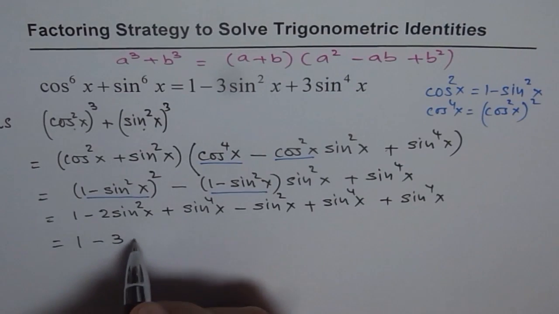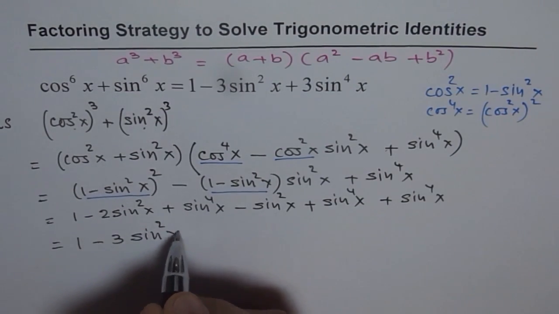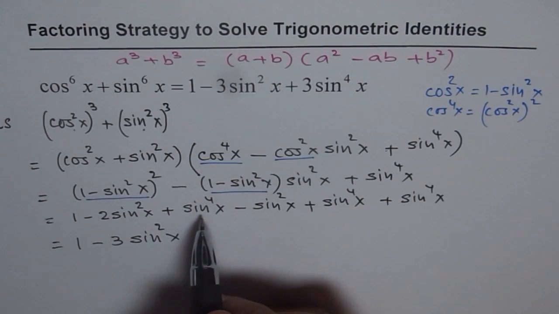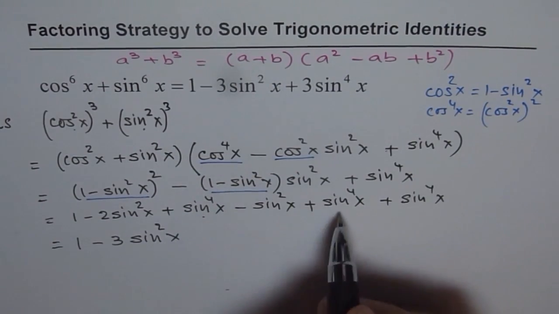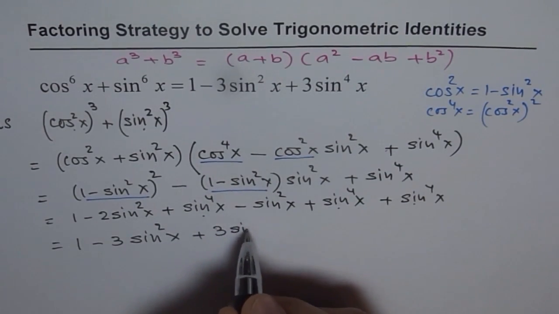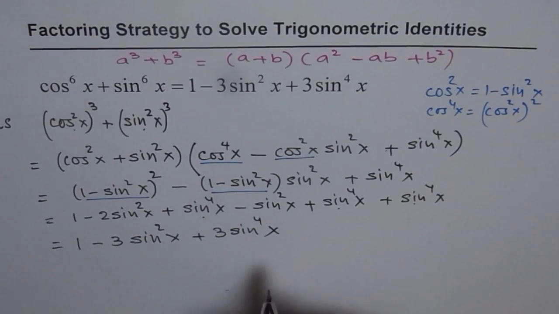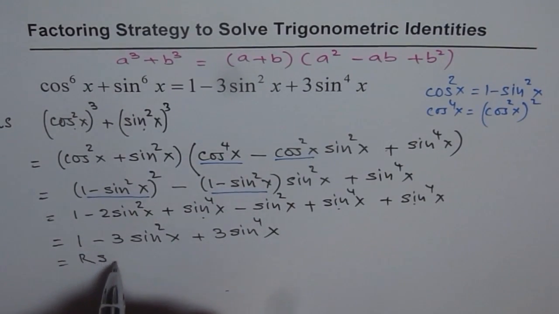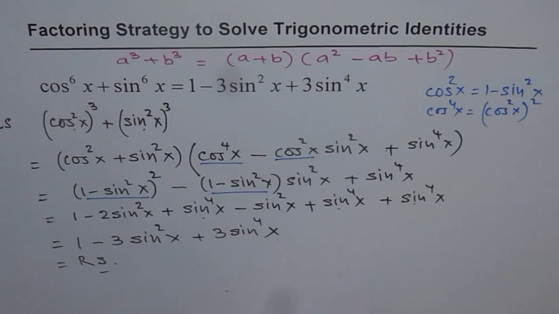As far as sine to the power of 4x is concerned, we have 3 terms, 1, 2 and 3, all with positive signs. We get plus 3 sine to the power of 4x, and that is equal to our right side. So we have proved that it's a trigonometric identity where the left side is equal to the right side.